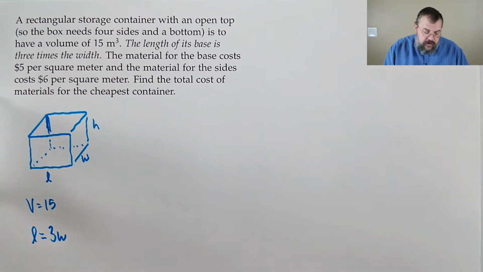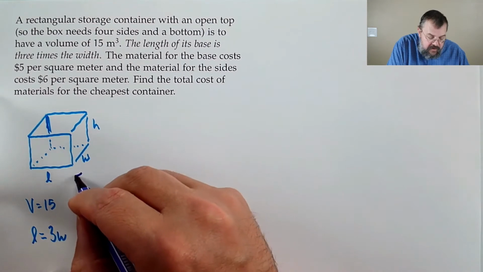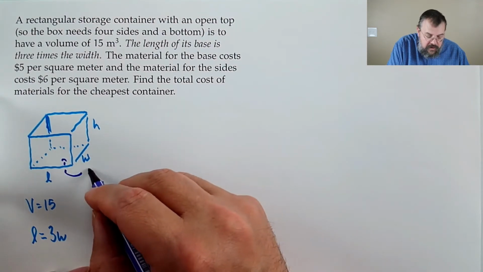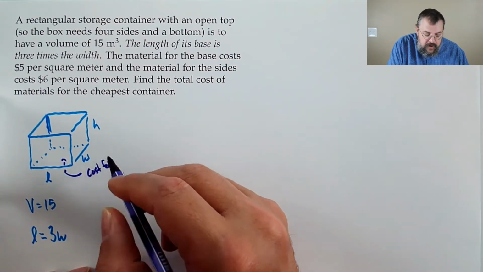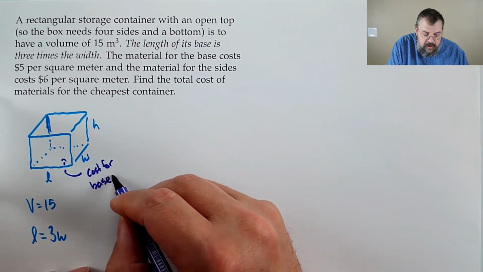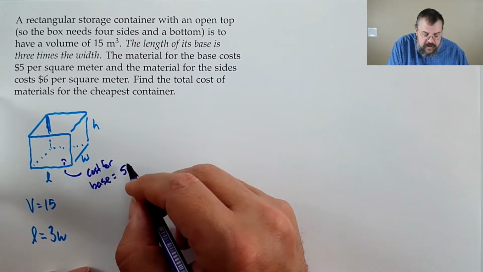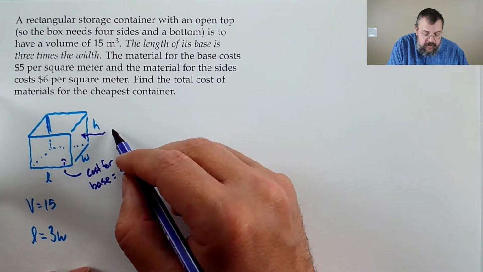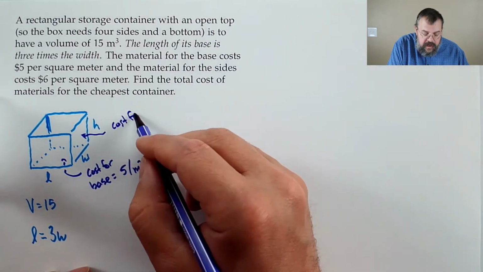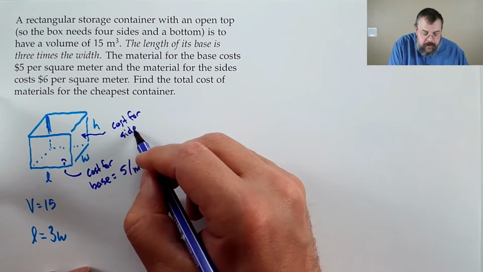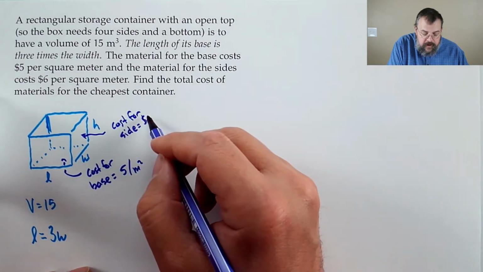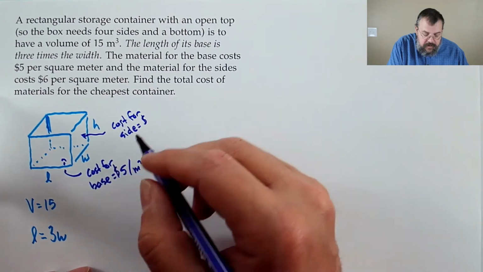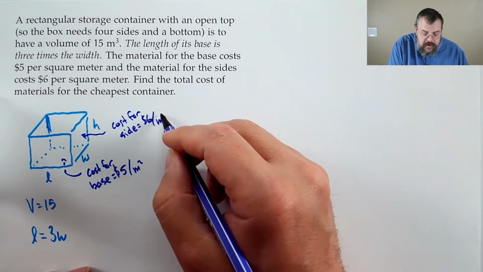All right, so our cost for the base is $5 per meter squared. And then we can say our cost for our side is $6, oh, I should put a dollar symbol here, per meter squared.